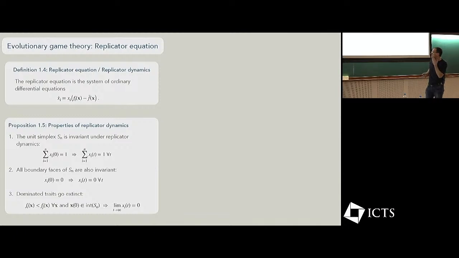Yeah, and the last property, I like it because it makes this nice connection to classical game theory. It's that dominated traits go extinct. I didn't even tell you where this replicator dynamics comes from, but it could be a very simple birth-death process. So individuals do not even need to be aware that they play a game. They do not even need to be aware that there are different traits or whatever.